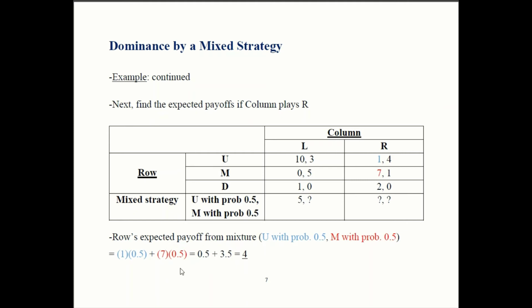We get 7 half the time. 7 times 0.5 is 3.5. 0.5 plus 3.5 equals 4. So what does all that mean? It means that if they're playing right, then we're getting a payoff of 4 in expected value. So you want to replace that question mark with a 4.